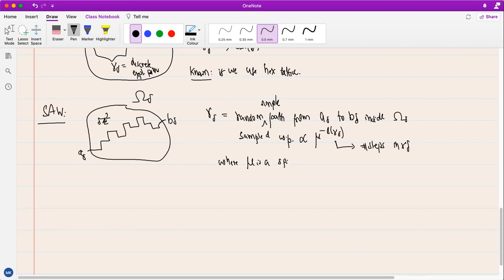The specific number depends on the lattice. If it is Z2, then this mu is the square root of 2 plus the square root of 2. This is a theorem of Smirnov and Duminil-Copin.